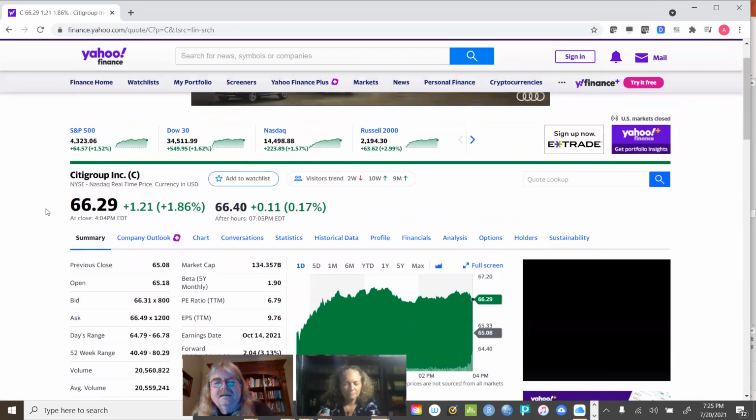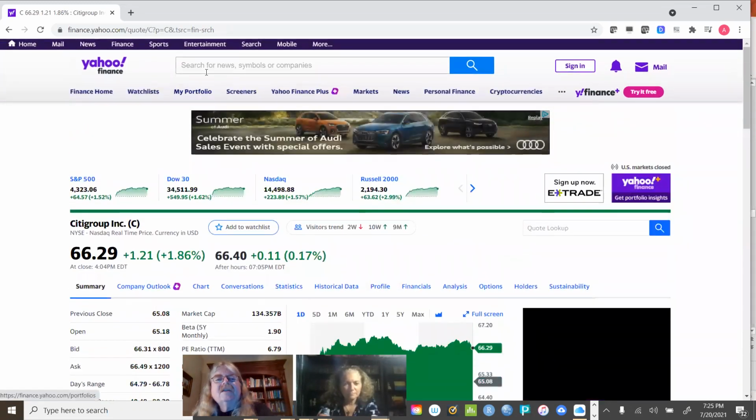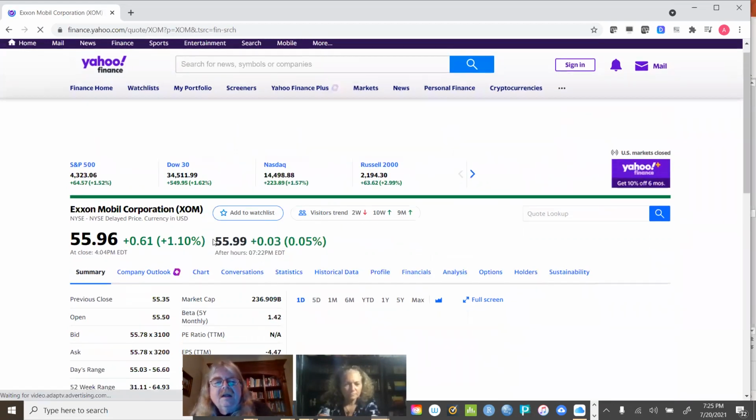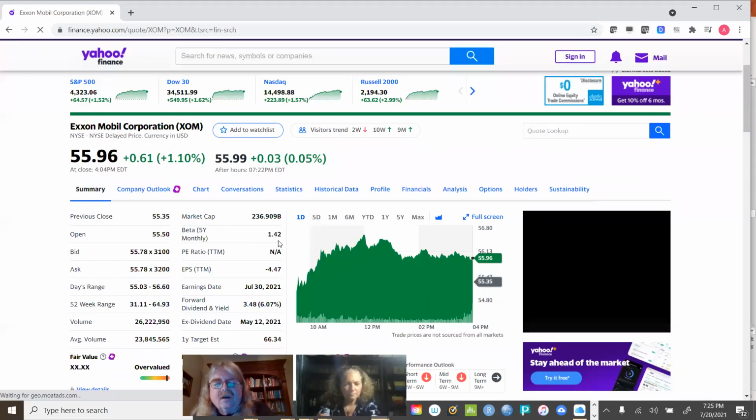Man. How about ExxonMobil? It's kind of fun to do this. I keep looking up betas. Oh, 1.42. I guess oil companies, by definition, are somewhat risky because you don't know what's going to happen. You don't know what might be discovered to take the place of oil. So their risk is getting up there, isn't it?